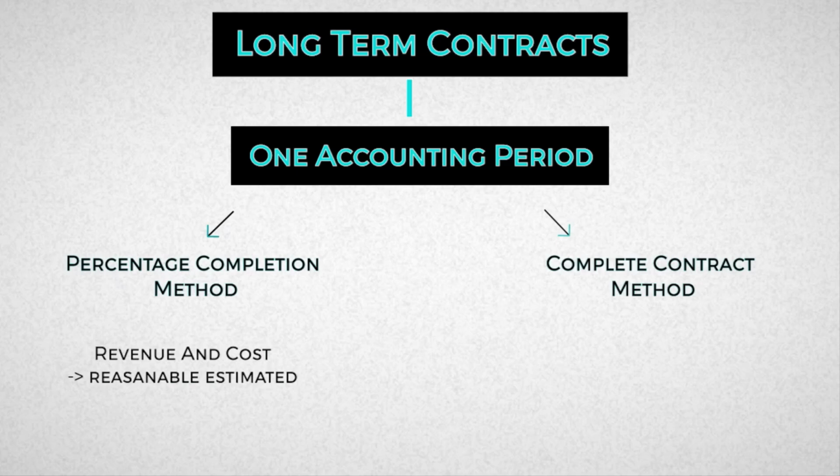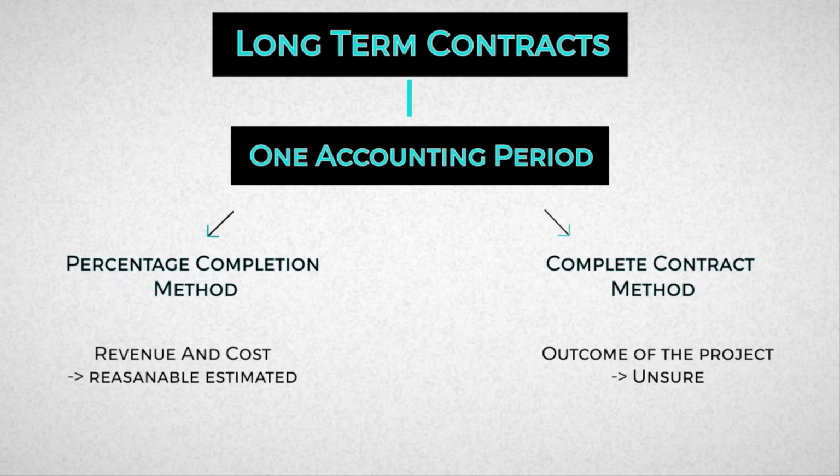So revenue and cost both must be reasonably estimated, so you have a fair idea of what is going on. But when we talk about the completed contract method, we are unsure of the outcome of the project. When you are unsure, you need to use the completed contract method.